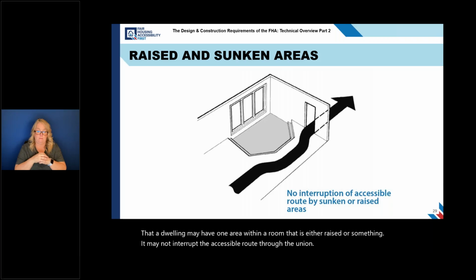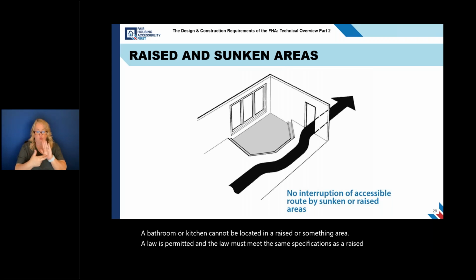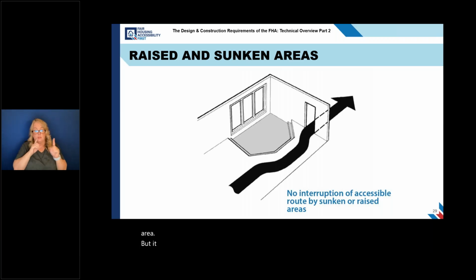A bathroom or kitchen cannot be located in a raised or sunken area. A loft is permitted, and the loft must meet the same specifications as a raised or sunken area. But it is important to remember, a unit with a loft may not also have a sunken or raised area.